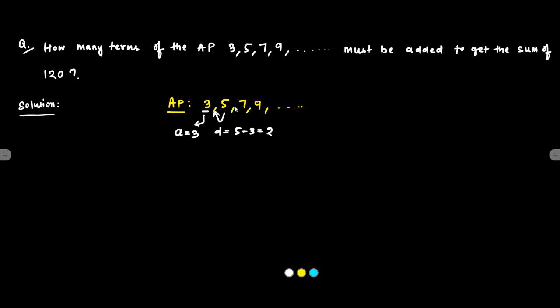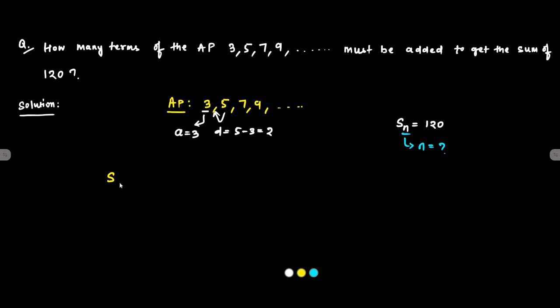Here it is given how many of these terms should be added so that we have the sum equal to 120. So the value of n is unknown.